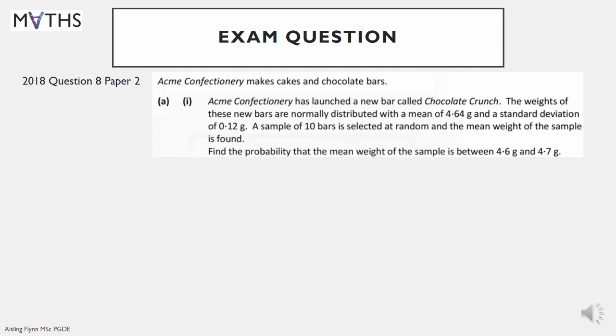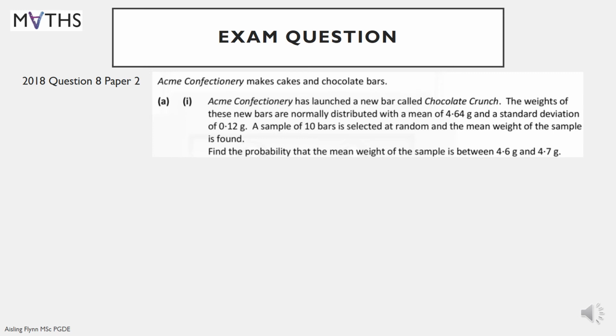The weights of these bars are normally distributed with a mean of 4.64 grams and a standard deviation of 0.12 grams. A sample of 10 bars is selected at random and the mean weight of the sample is found. Find the probability that the mean weight of the sample is between 4.6 and 4.7 grams.